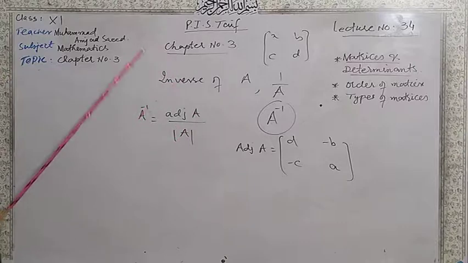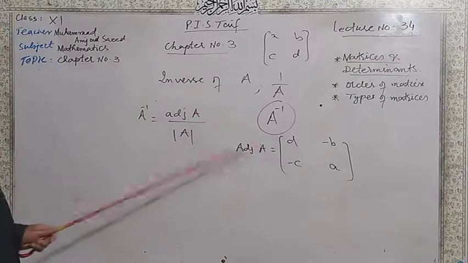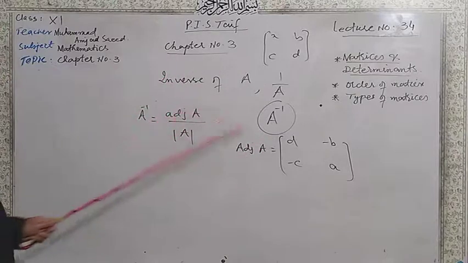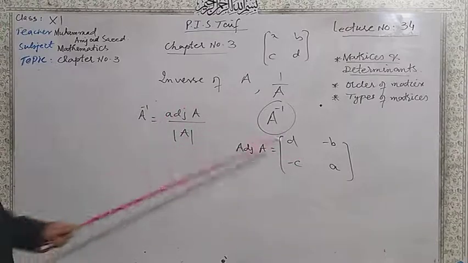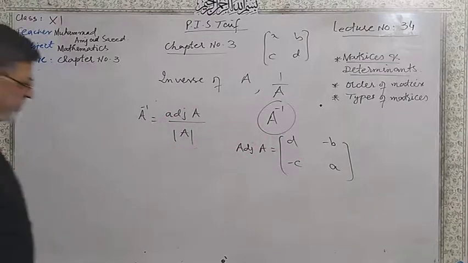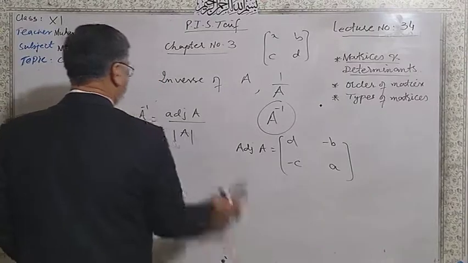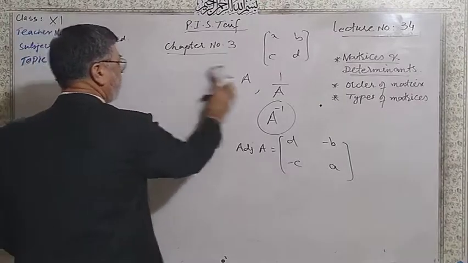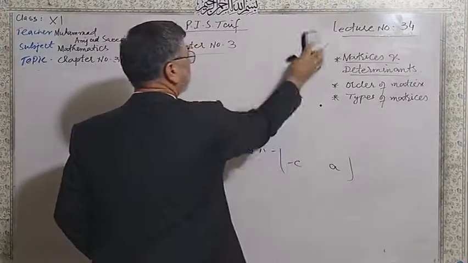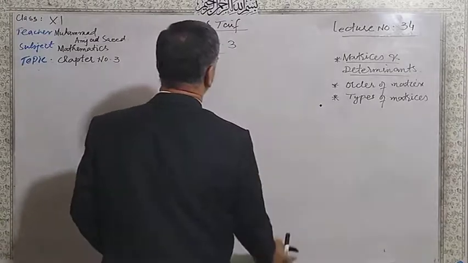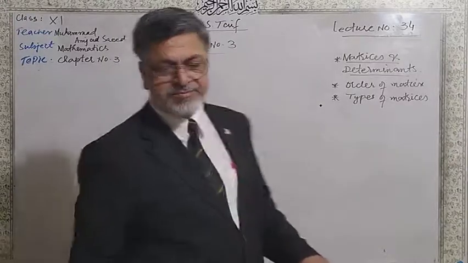So if you want to find A inverse, then you will apply the formula adjoint A divided by determinant A. So this will be the formula which will be used in your coming exercise 3.1.